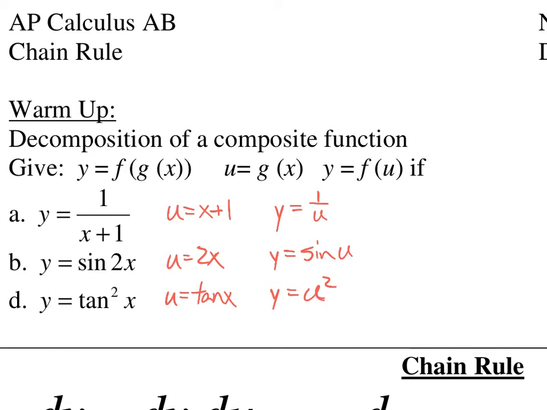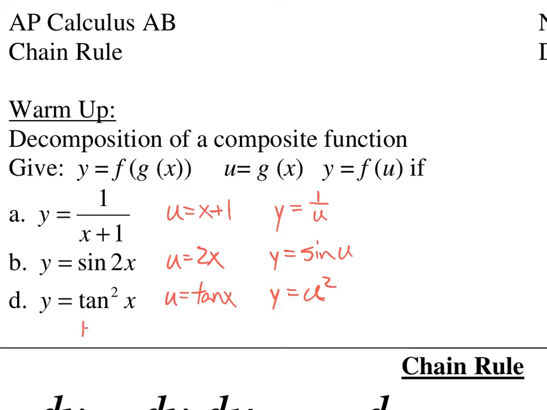Okay? I will tell you that the trig functions are the things that people mess up the most. And that's why we had 2 of these. You got to pay attention to, is u inside the trig function? No. Or is the trig function inside something bigger? Okay, that's what you have to figure out. Especially the exponent because of the way we write it.